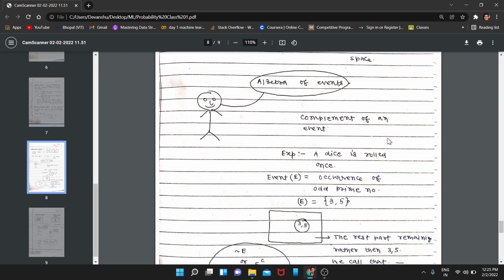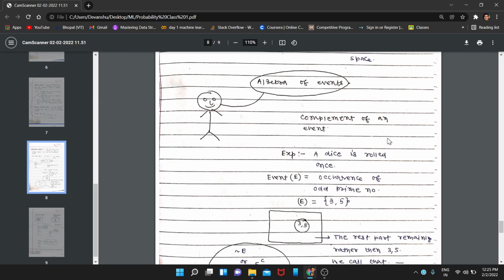In this experiment, you can see there is an occurrence of odd prime number, that is an event. Alright. So what is the sample space if you roll a dice? 1, 2, 3, 4, 5, 6. What are the prime numbers? 2, 3 and 5, and odd prime numbers are 3 and 5.